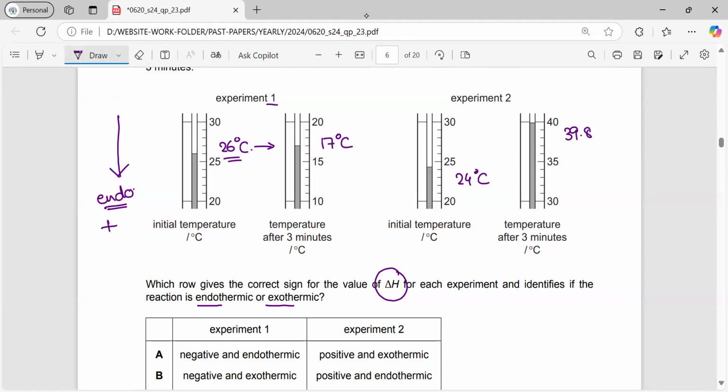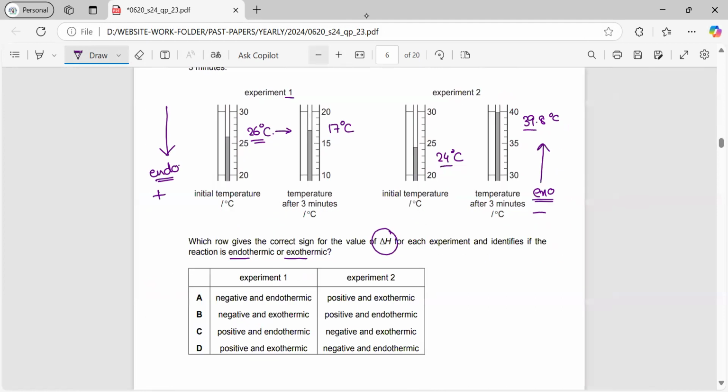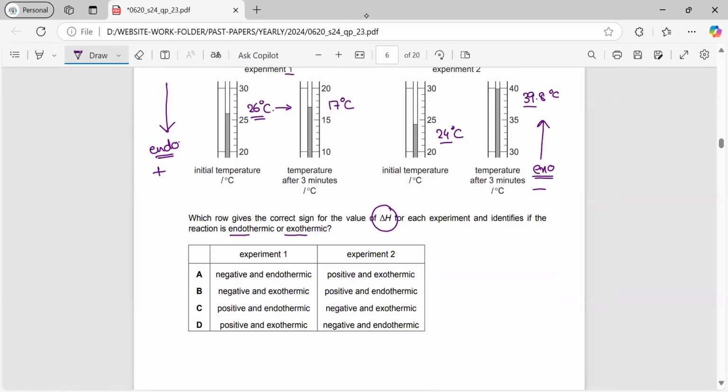The point is that the initial temperature is low and the final temperature is higher, which means this is an exothermic reaction, because the temperature of the surroundings increases in an exothermic reaction. So it's going to be negative. Experiment 1 is positive and endothermic. Experiment 2 is negative and exothermic. So C is the answer.